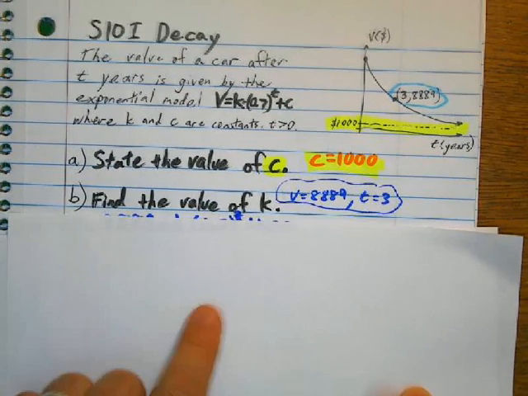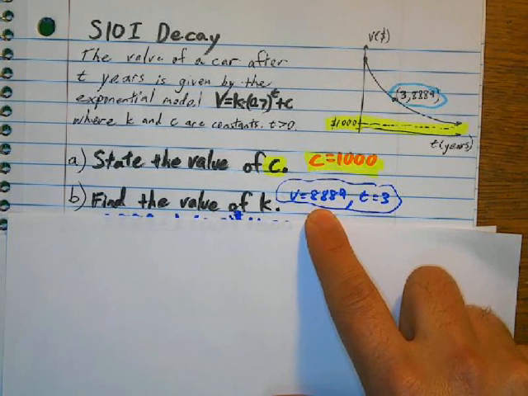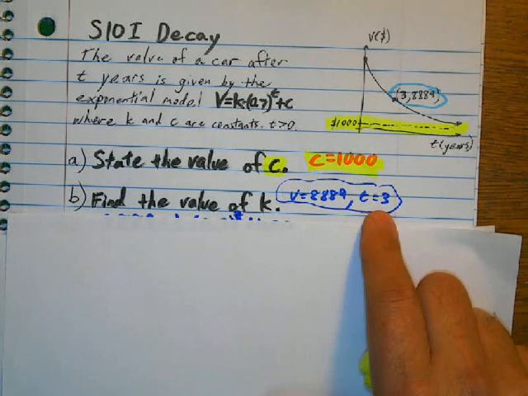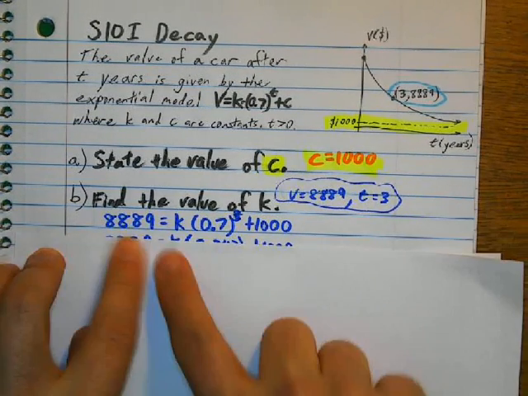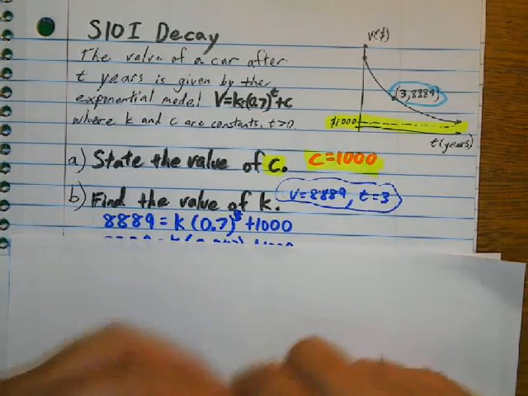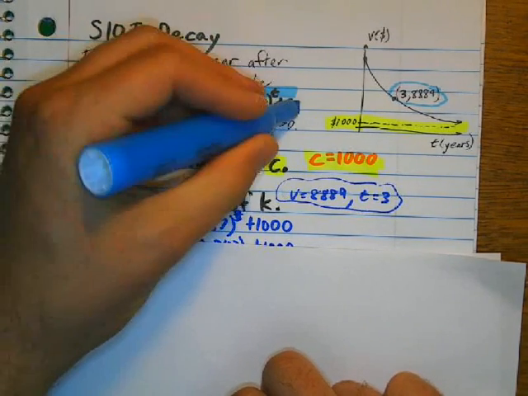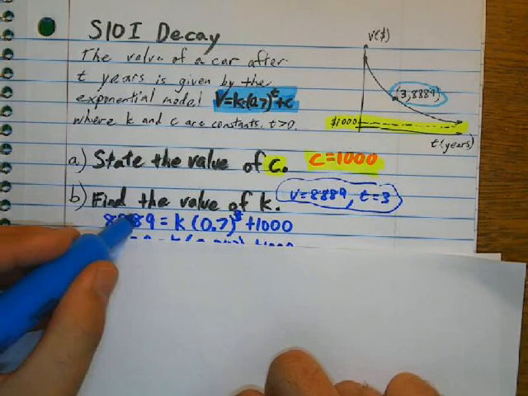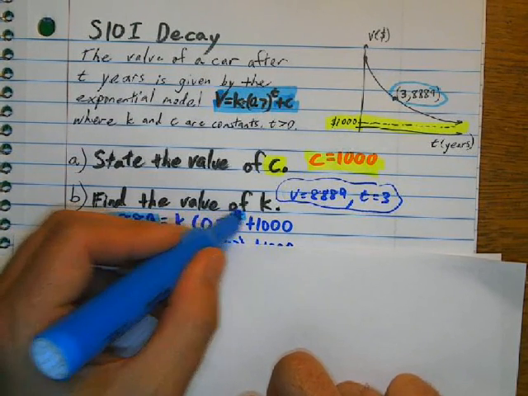So we're going to use this information that v is 8,889 and t is equal to 3. Using that information, I'm plugging it into this equation here, replacing v with this value and t with 3.